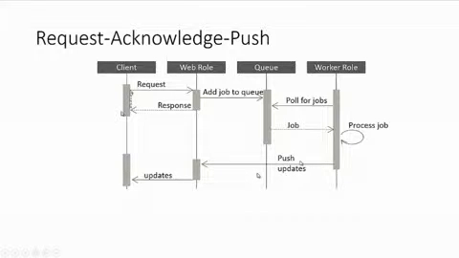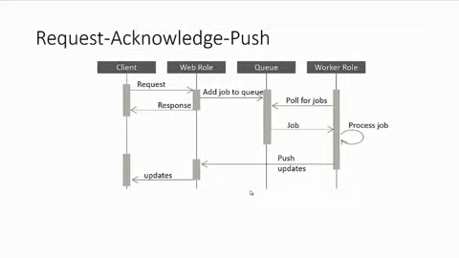And how do we create and maintain this channel so it can push updates back to the client? Fortunately, now we have SignalR, which allows us to maintain two-way communication between the client and the server, and it allows the server to proactively push updates to the client.